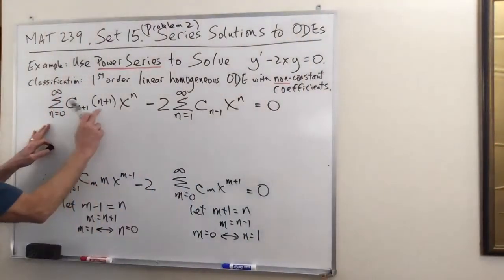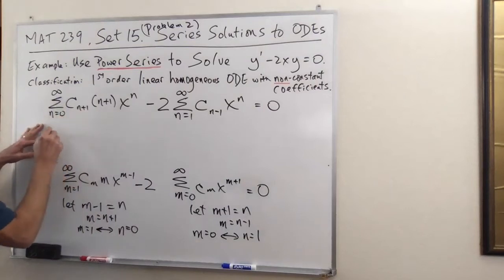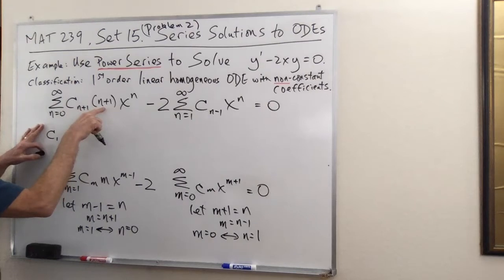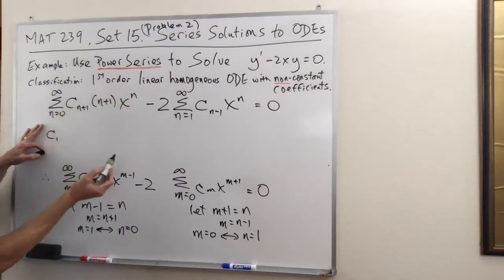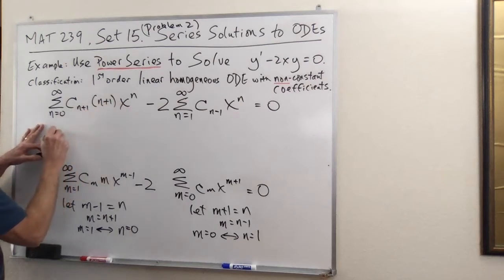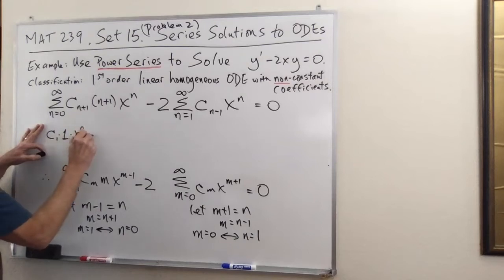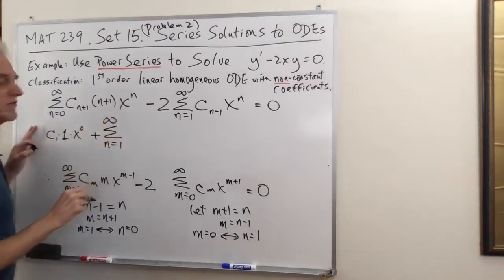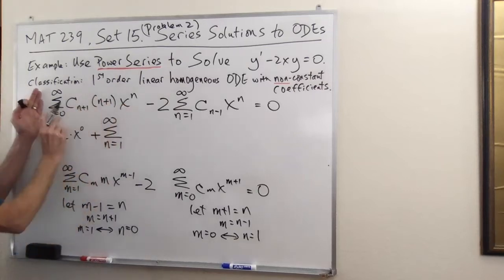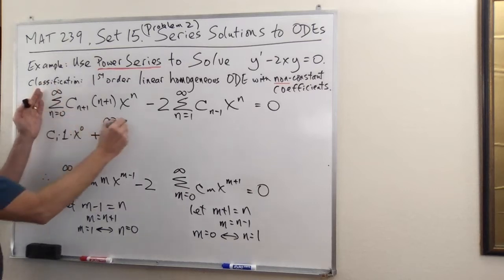And when n equals 0, I get c1 times 1 times x to the 0, which is just c1. Oh, I'll write it to see where it comes from. But now I can do a sum from n equals 1 to infinity, right? So I took this and I kept the n equals 0 separate, and then I have the sum from n equals 1 to infinity all there.